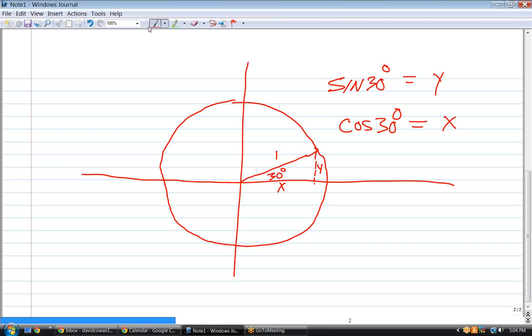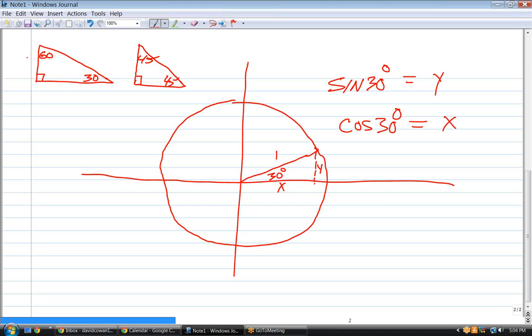Now, to figure out what those are, there's two triangles that are really, really useful here. You've been working with them since algebra, probably. And they're the 30-60 and the 45-45. Now, I call these the unit special triangles, like the unit circle.